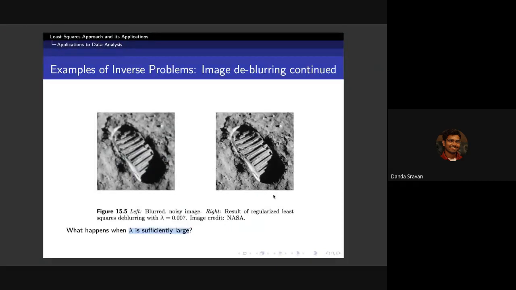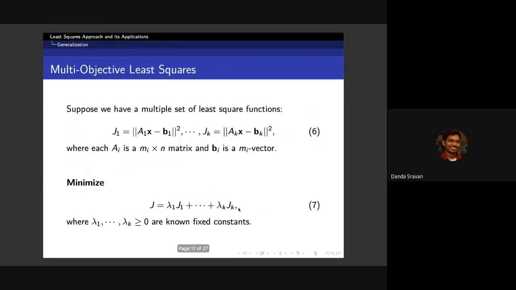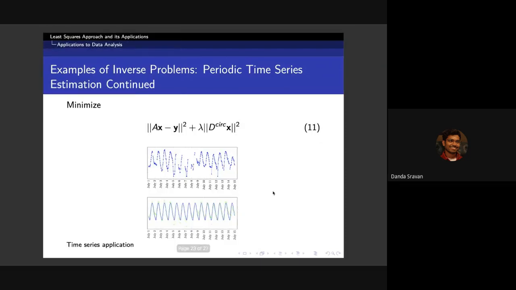Anyone? Okay, I'll give you a hint. Recall that if I had lambda equal to a very large value, I would see some kind of a constant line in my previous sales example.